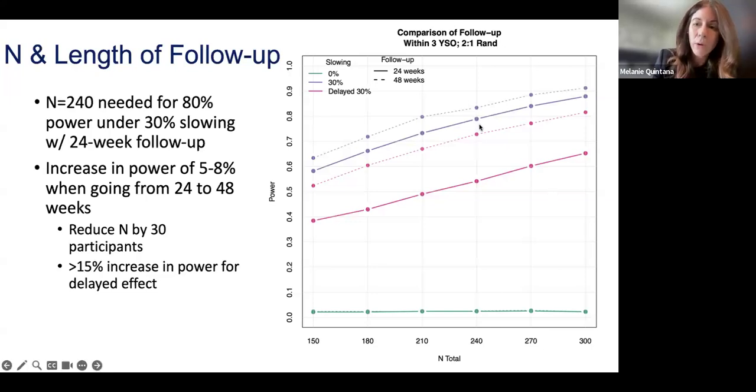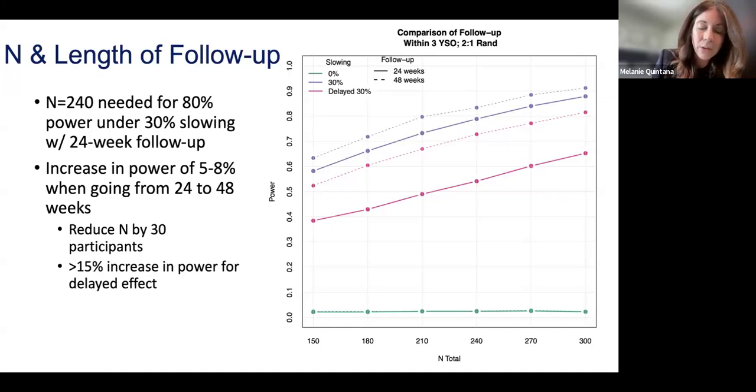And this is just an example of one of the questions we can try to answer through simulation. So what we can glean from this is that about 240 participants are needed for a standalone trial under randomization of 2 to 1, if we're talking about a 24-week trial, to have 80% power for this common 30% slowing. If instead we go to a 48-week trial under this common 30% slowing, we can increase power by about 5 to 8%.